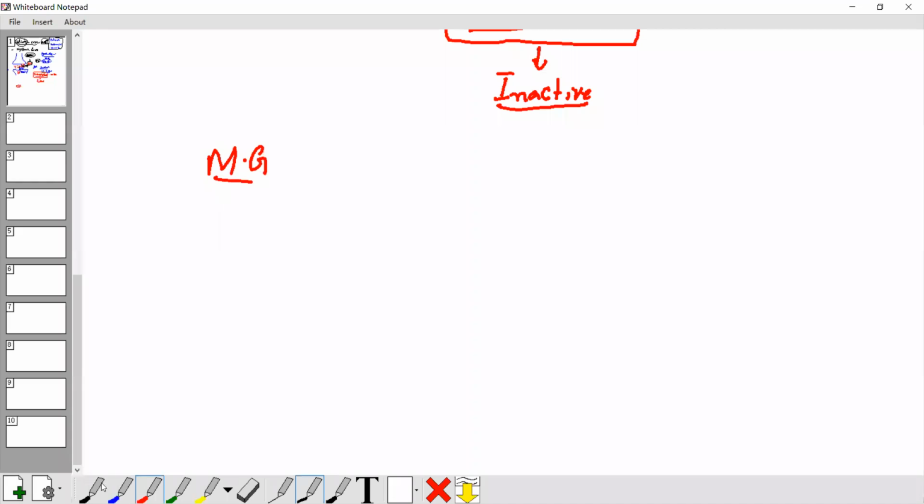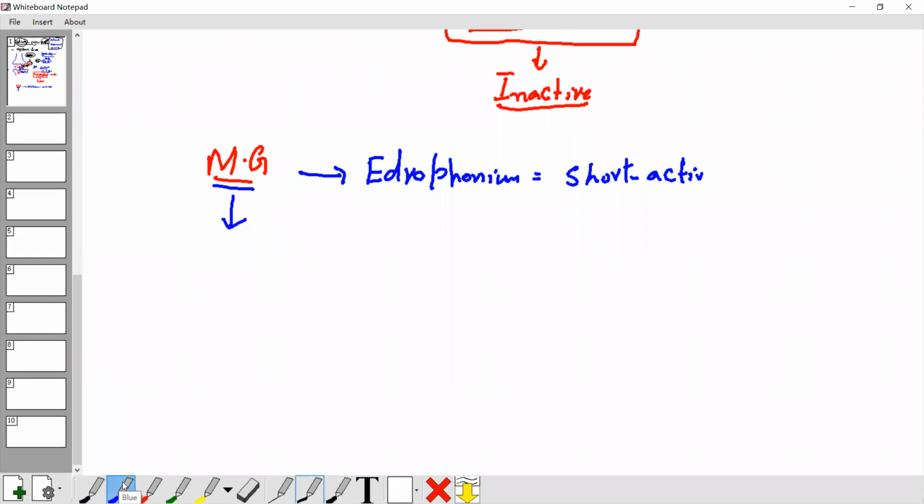For the myasthenia gravis patient, what do you give? First, to diagnose myasthenia gravis, we use the drug edrophonium. We did this yesterday, yes? Edrophonium is a short-acting drug. The patient comes to you with muscle weakness. In myasthenia gravis, where does the muscle weakness start in the body?